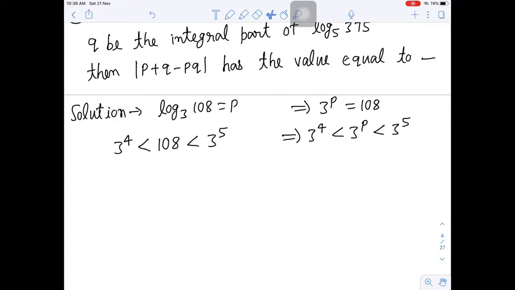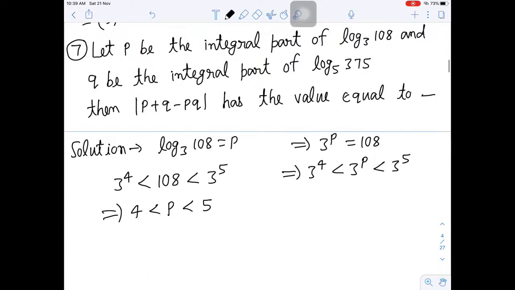Because the base is greater than 1, if you cancel the base, what will be left? 4, p and 5. So it means p is between 4 and 5. Now if p is between 4 and 5, and p is the integral part of this, maybe we should have taken this as some x and y. So this is x.